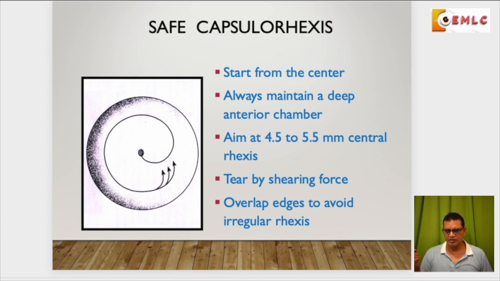You should tear by shearing force, I'll show you, and there should be an overlapping of the ends so that you end outside in, so that there is no irregular edge at the terminal point. If there is an irregular edge, then during hydrodissection or during the phaco, there is a possibility of runaway rhexis.